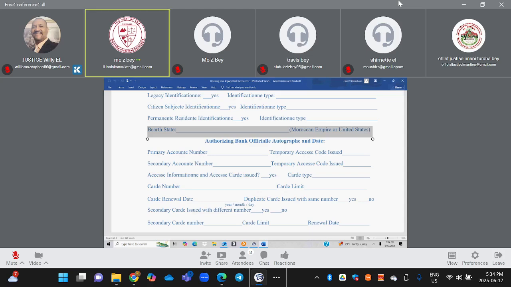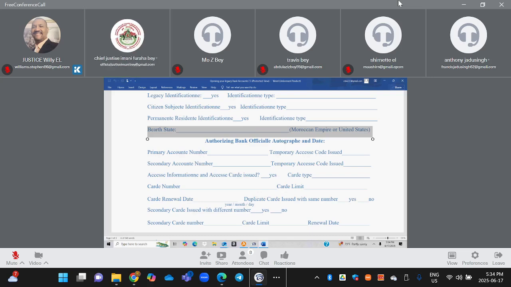Well, the thing is this though. It says debit. From my understanding, the merchant cards are basically debit cards.